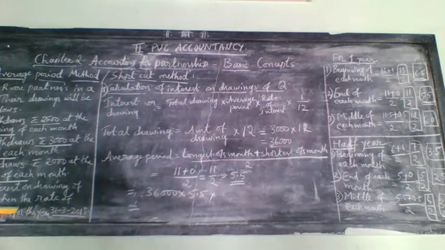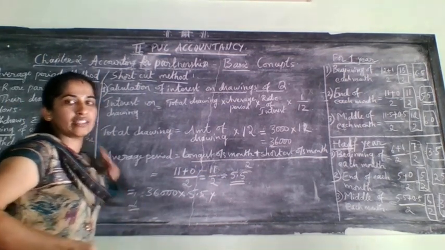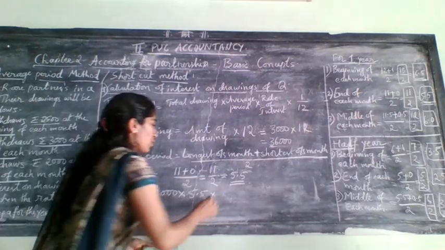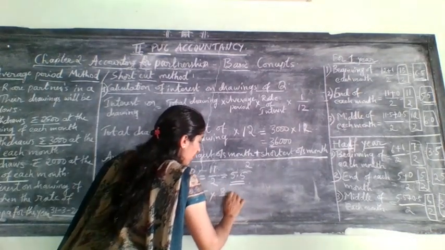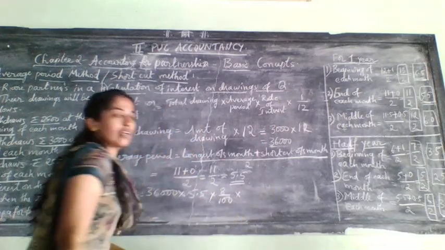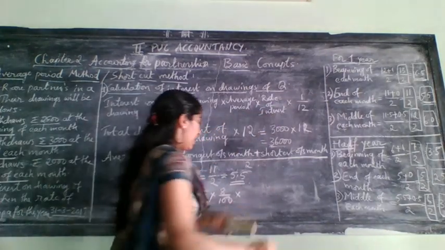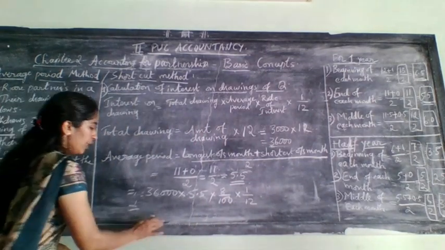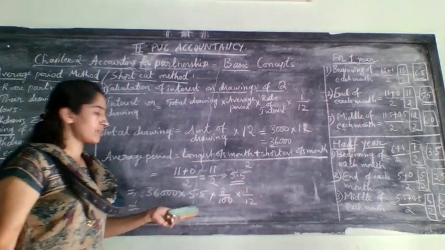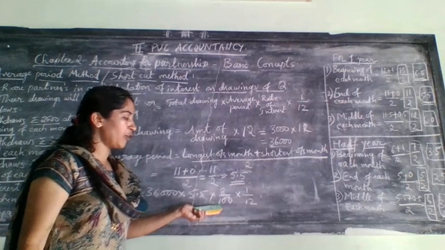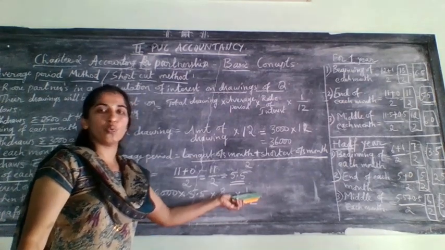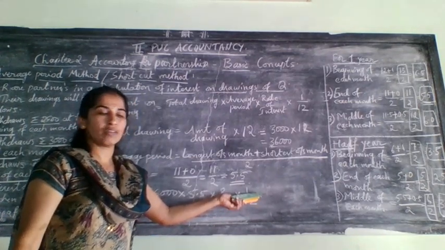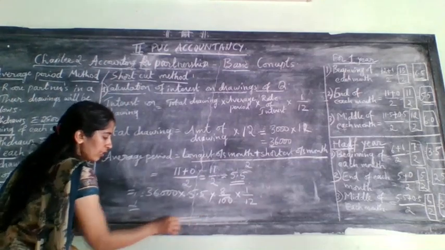The rate of interest will be the same for the previous problem and for this also, because this is under one problem only. A, B and C, they have given 3 different parts. So the rate of interest will be the same for all the partners, that is 8 by 100 into 1 by 12. So do it in your calculator: 36,000 into 5.5 into 8 by 100 into 1 by 12. What is the answer you will get? Write it here.